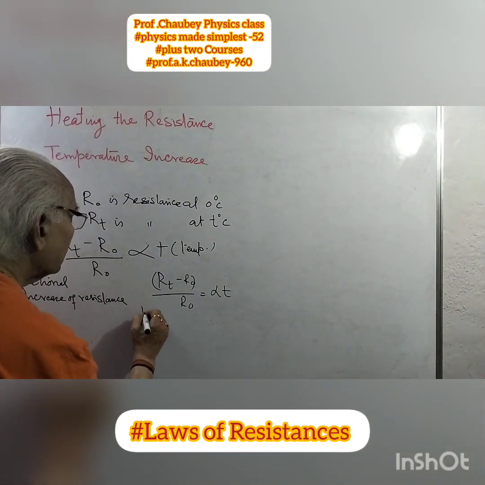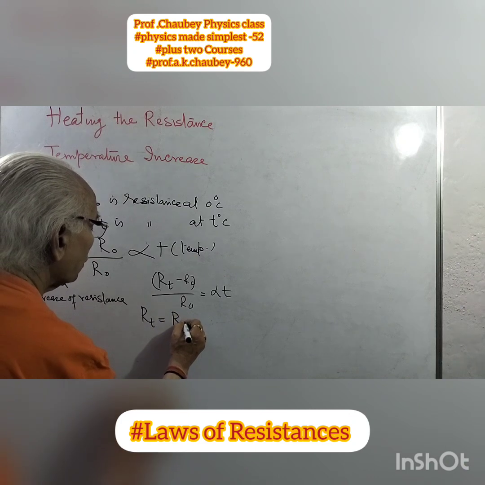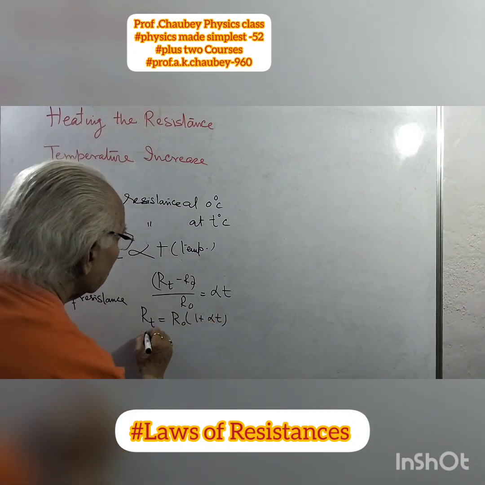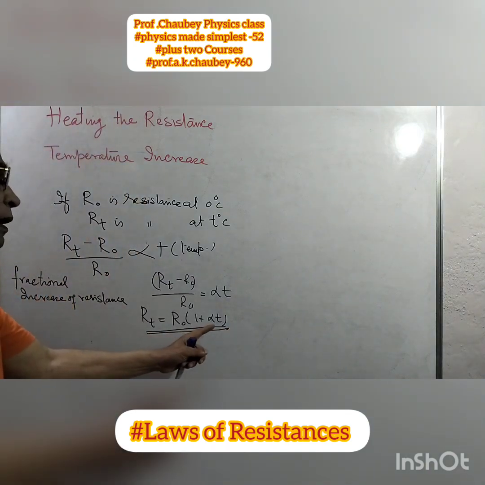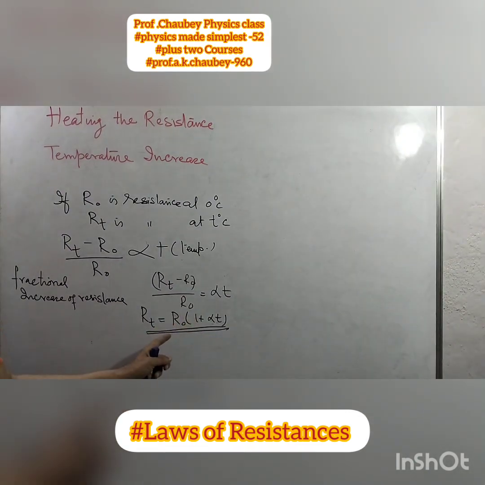Or from this we can write RT is equal to R0 times (1 plus alpha T). So this is the law of increase of resistance with temperature. As the temperature increases, resistance RT increases by this rule. R0 is at 0 degree, or R0 is at one temperature, and RT at another; in place of 0 you can write 1 and 2, R1 and R2, like that.